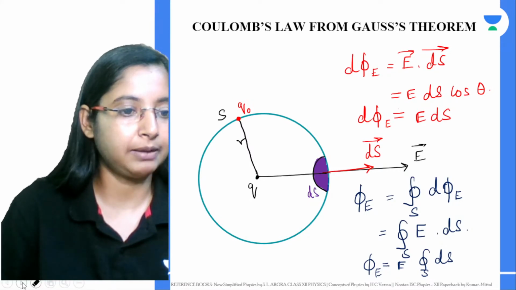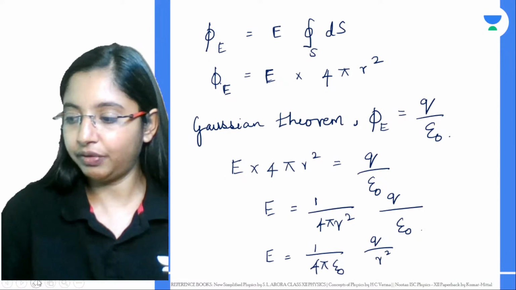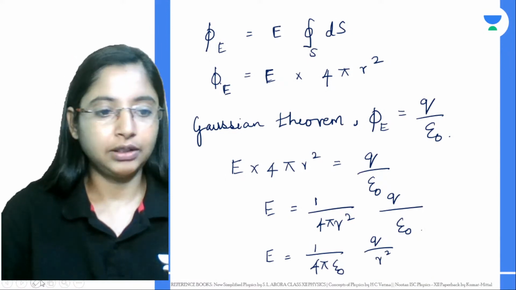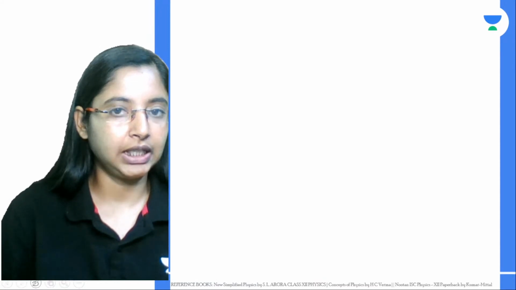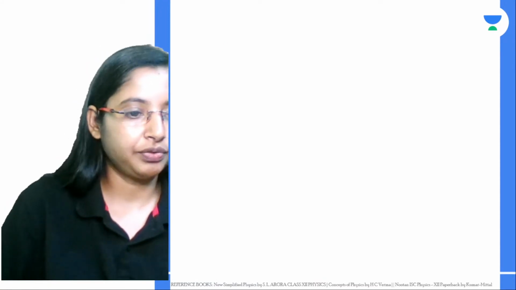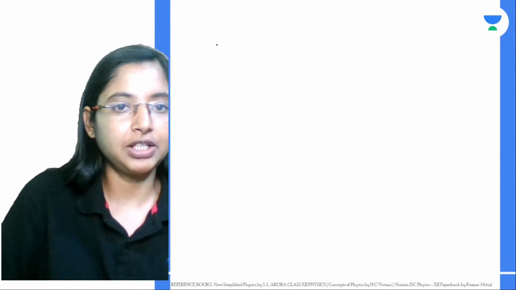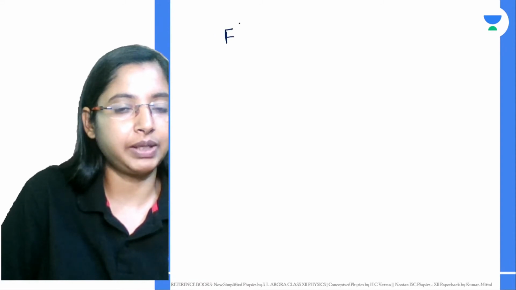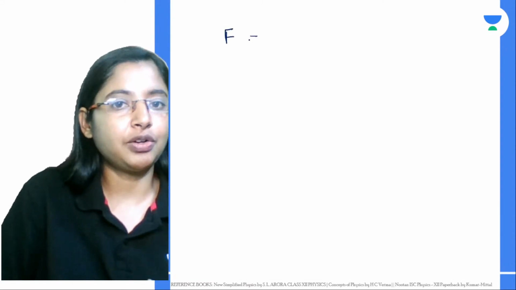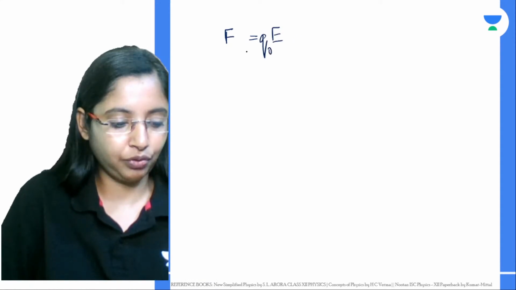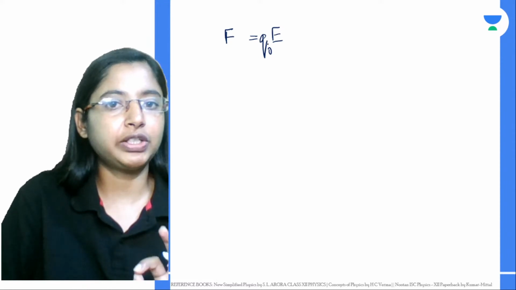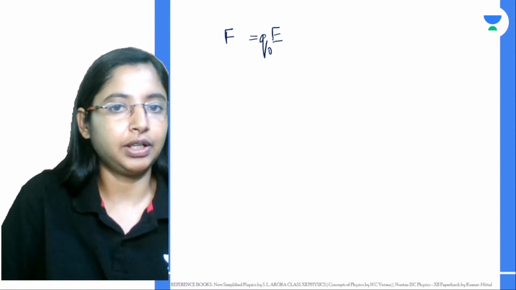So how do we write that? The force experienced by the test charge because of the source charge will be electric field times the charge. We know electric field is given by force per charge, right?